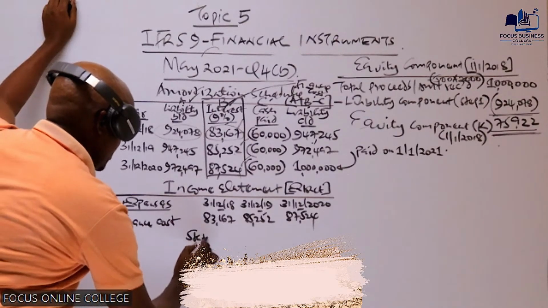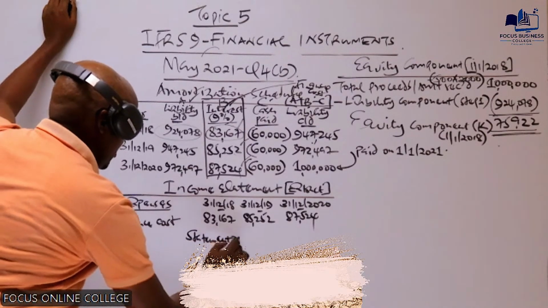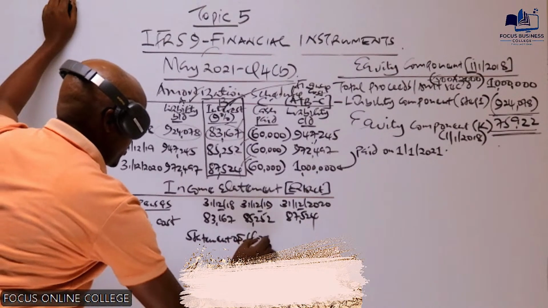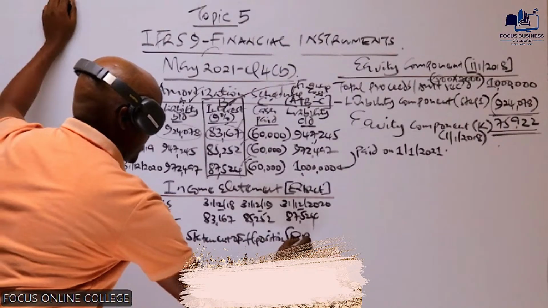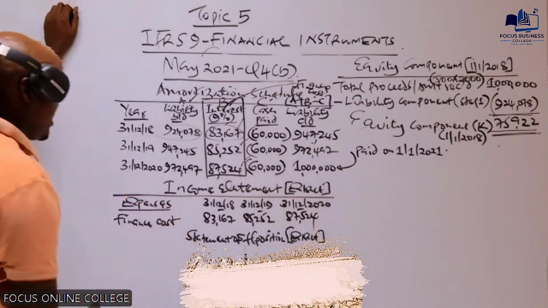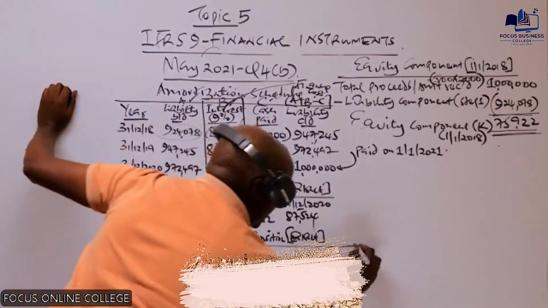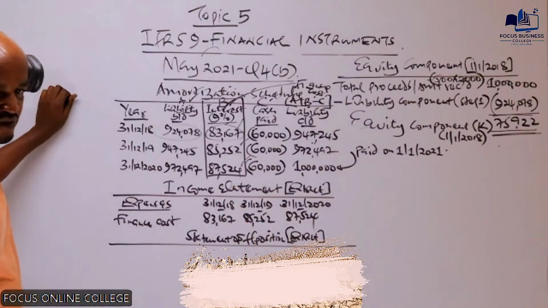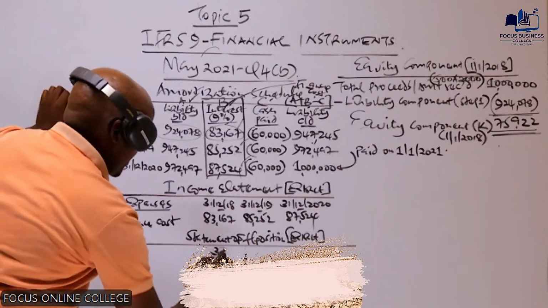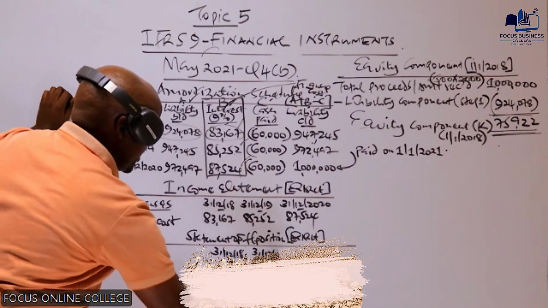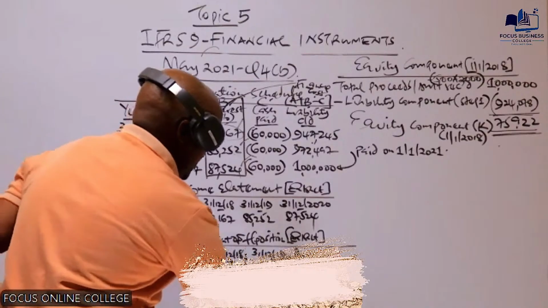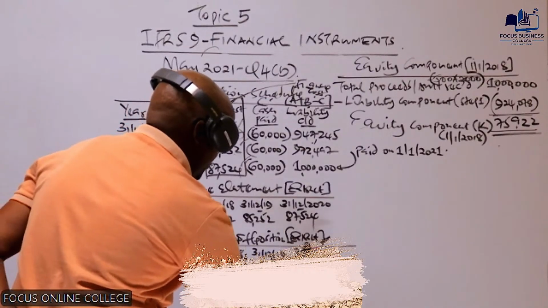What about the statement of financial position? Remember, this is still an extract, not a complete statement of financial position. So equally for 3 years, 31st December 2018, 2019, 2020.